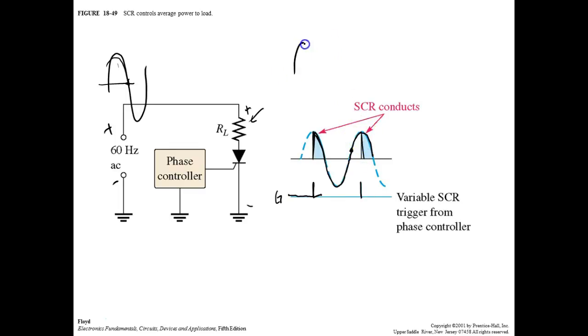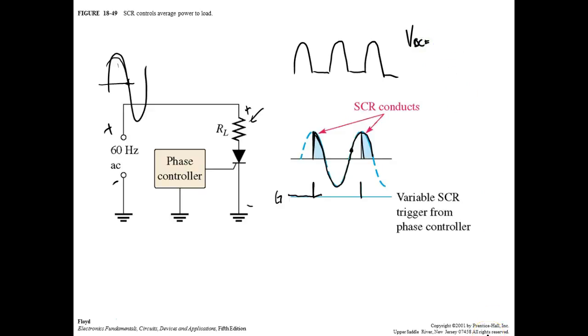I know that if this was a half-wave rectifier, what would be my average voltage for half-wave rectifiers? What's the output voltage equal to? What's the formula for the DC output of a half-wave rectifier?